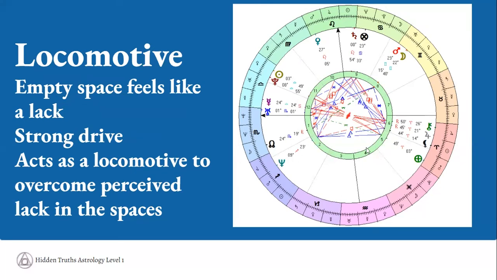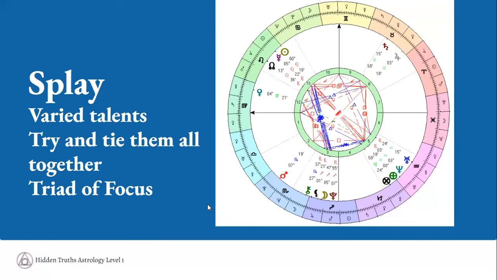The space that they feel is empty in their psyche feels to be a perceived lack. They have a strong drive because they want to fill that lack. And so this planet here acts as a locomotive to get them through the lacking areas in their life.